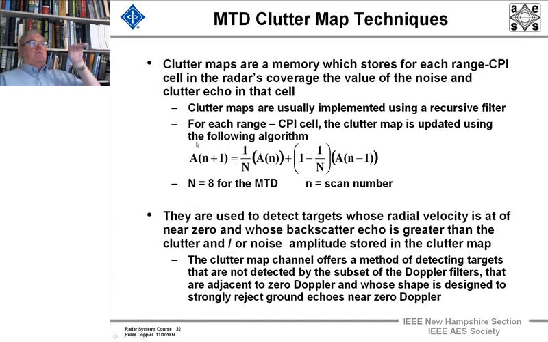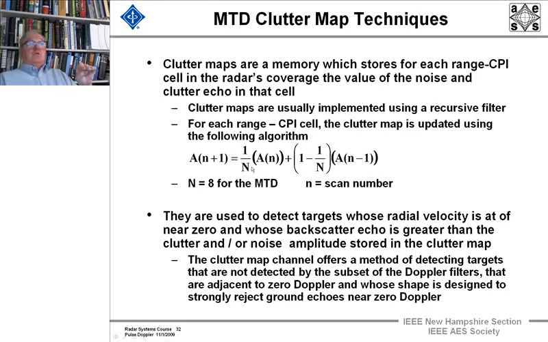This is the algorithm, called a one-pole recursive filter. You take the amplitude that was stored on the disk in the n-1th scan, and if n is equal to 8, you take 7/8 of it, and you add to it 1/8 of the new value.